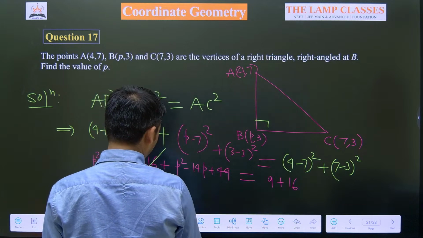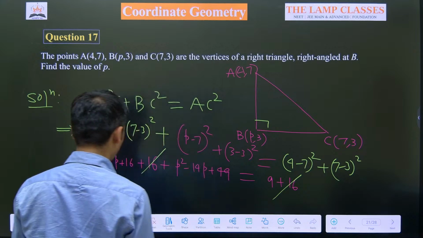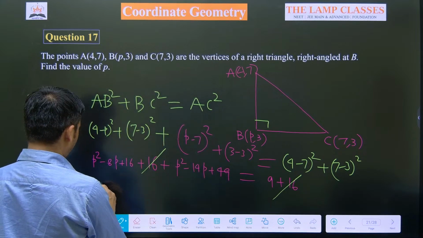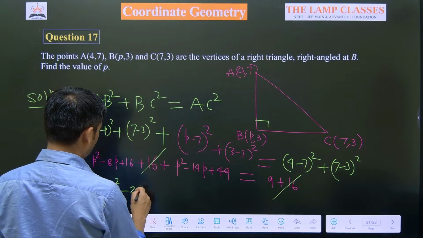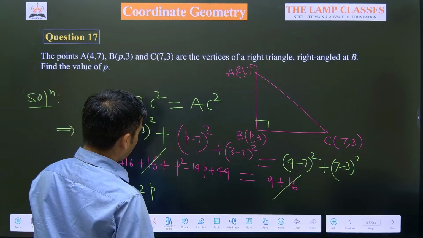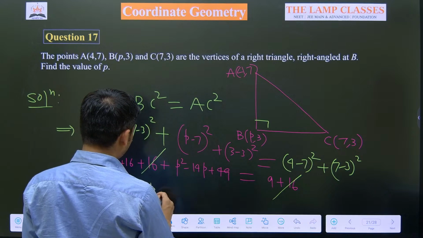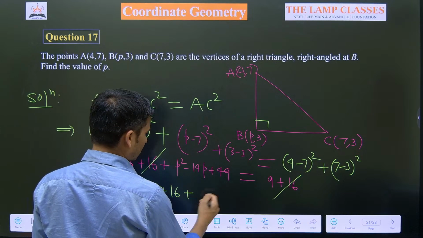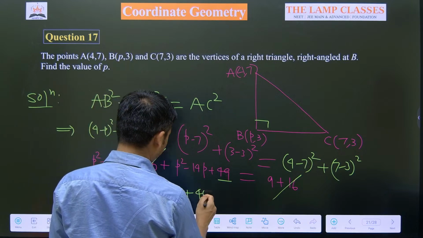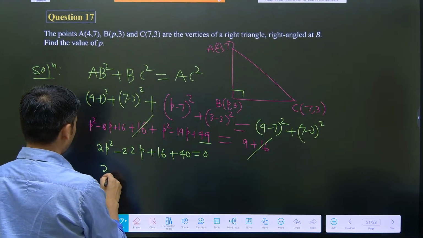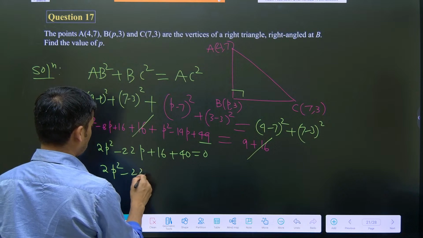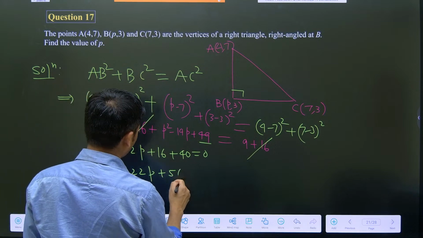Yeah, we can cancel this 16 and this 16. P square and P square will become 2P square minus 22P. Right, guys, bring that 9 to this side, so it's actually 16 plus 49 minus 9, 56. We are going to get a simple quadratic. Let's solve that. 2P square minus 22P plus 56.